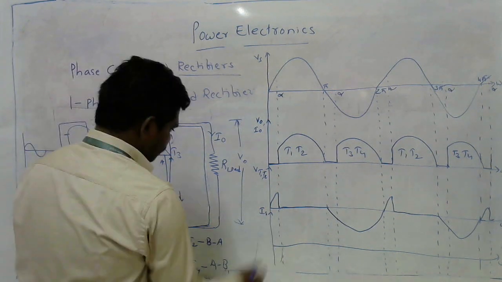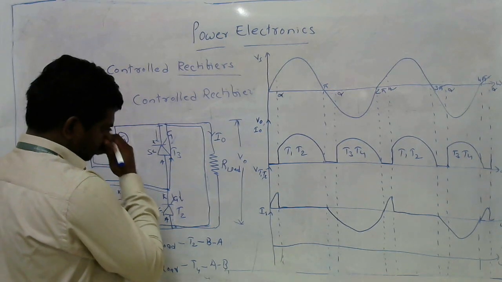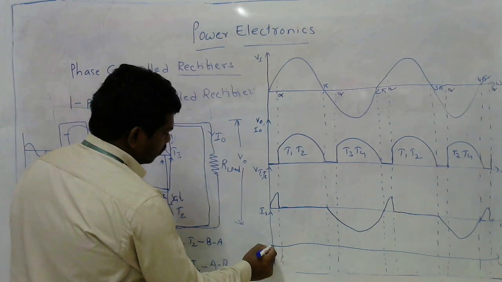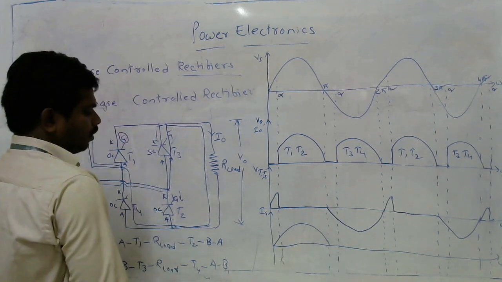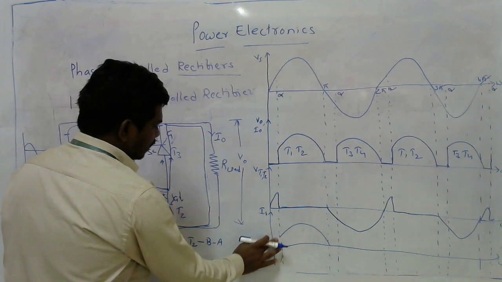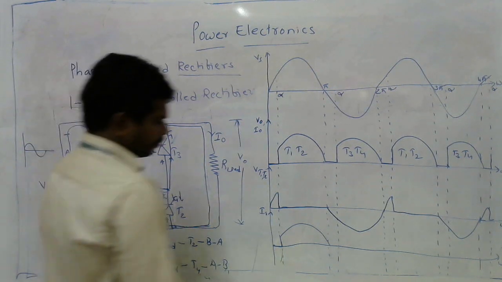We'll see that again. Look at this. This is the R load. If it is an R load, it has the same shape as the input voltage. But after conducting the SCR, we get the output in this portion.